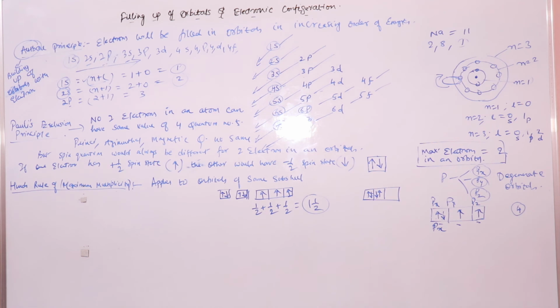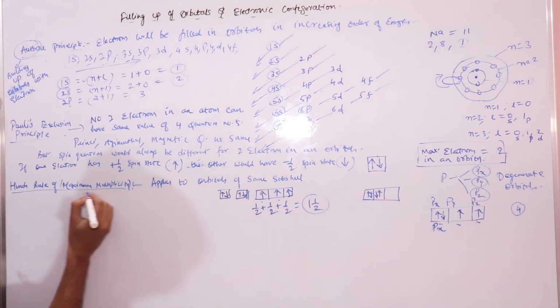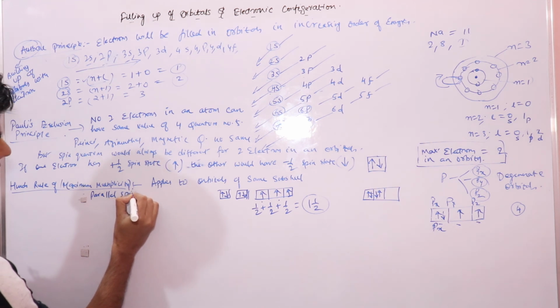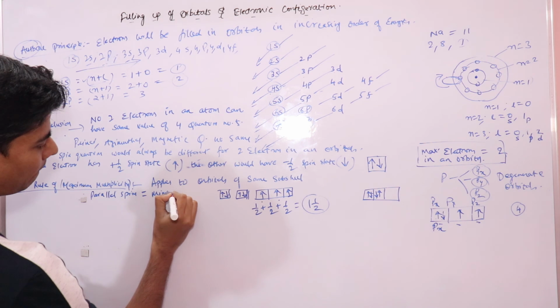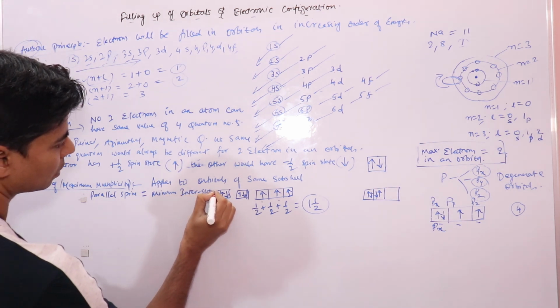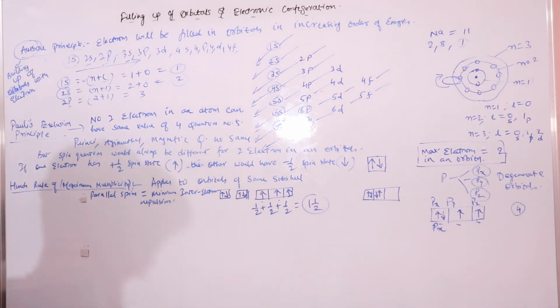This is due to the fact that electrons with parallel spin will encounter less inter-electronic repulsion. So we should have parallel spins so as to have minimum inter-electronic repulsion. Parallel spin will give you minimum inter-electronic repulsion.